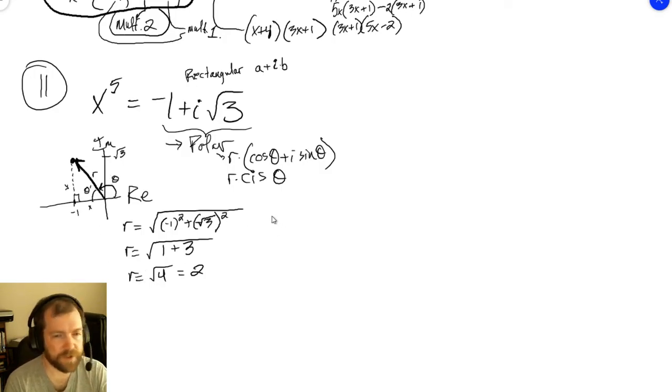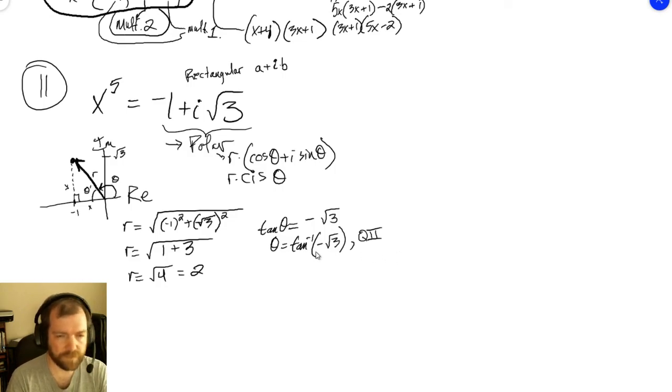So there are 2 ways to do this. Either you can say the tangent of theta is going to be equal to y over x, which is going to be a negative root 3, and then theta is the inverse tangent of negative root 3 in quadrant 2. Inverse tangent of negative root 3 is going to be a 60-degree reference angle in the 4th quadrant.